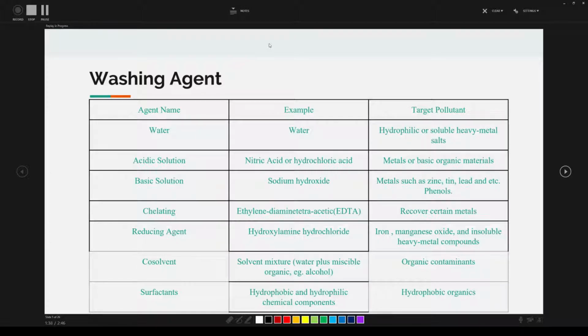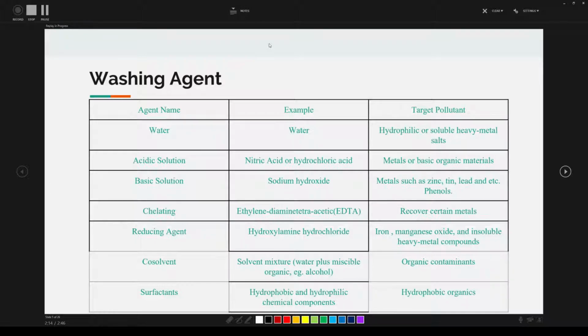Co-solvent is a commonly used agent, a solvent mixture, and most field implementations use alcohol as a solvent to do the treatment, and it is very effective in treating organic contaminants. And surfactants are groups of hydrophobic and hydrophilic chemical components that are very effective in treating hydrophobic organics. This is the overall description of these several types of washing agents.